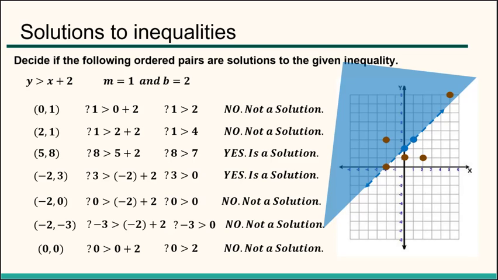Now this one, negative 2, 0, is right on the line, and we said it couldn't equal, so that one is not a solution either. And there we have it. Notice that any of those points that are in the shaded section would be solutions to this particular inequality.